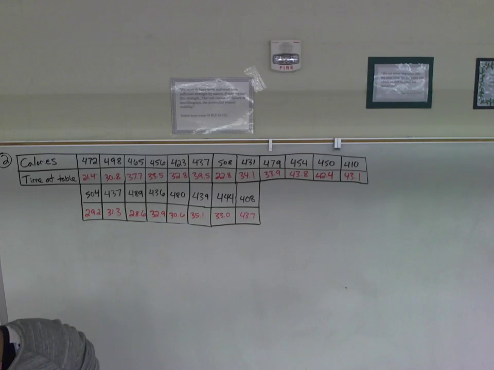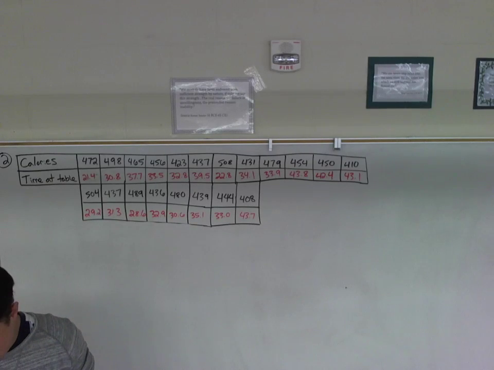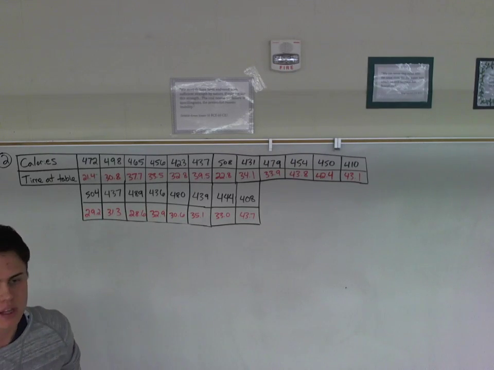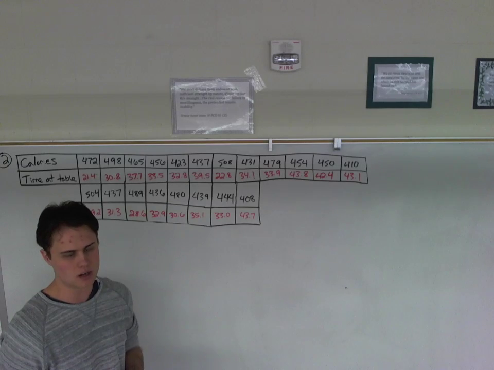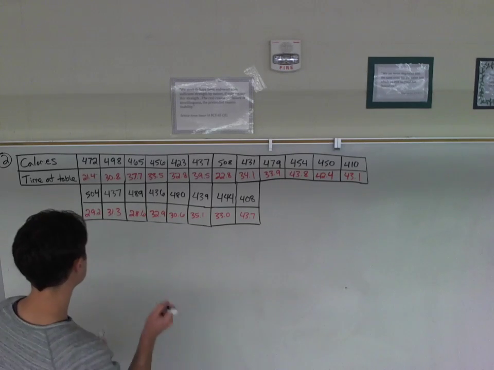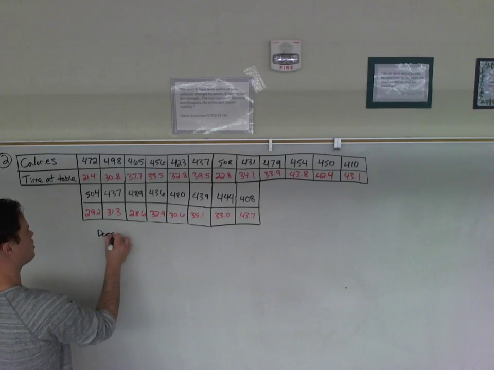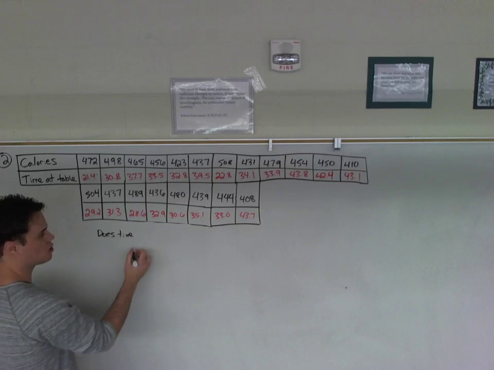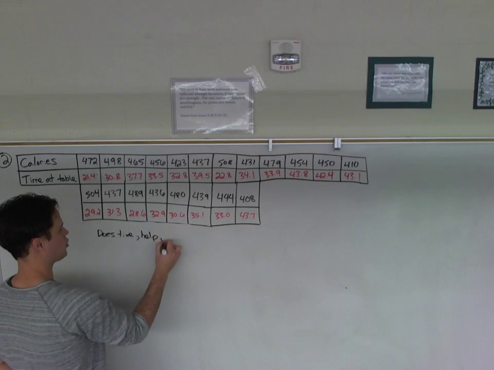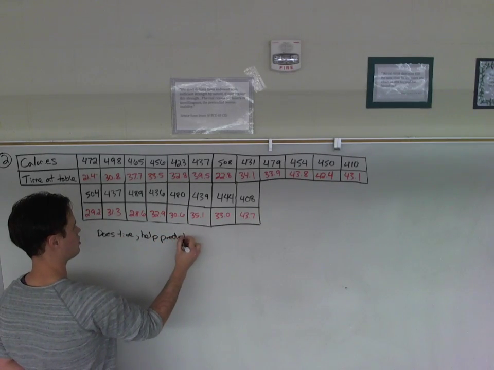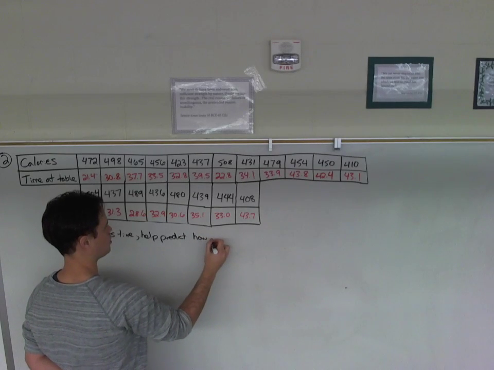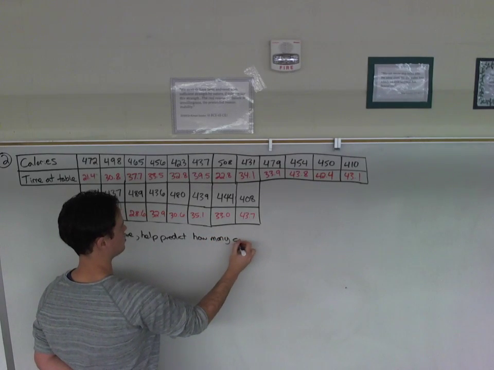Note, one thing they said, does how long the children remain at lunch help predict how much they'll eat? That tells you what X and what Y are. So they said this, does time spent help predict how many calories are consumed?